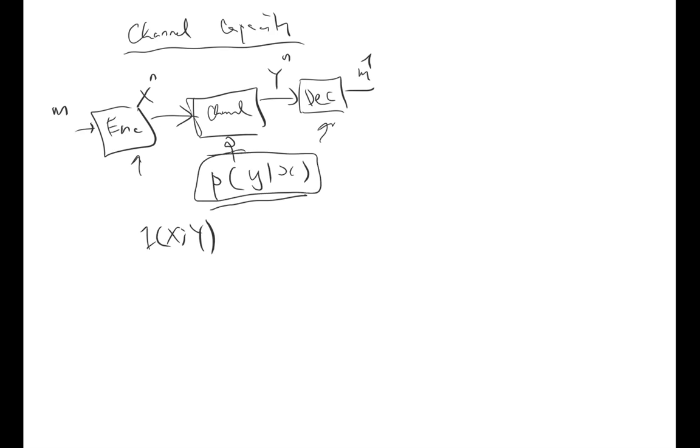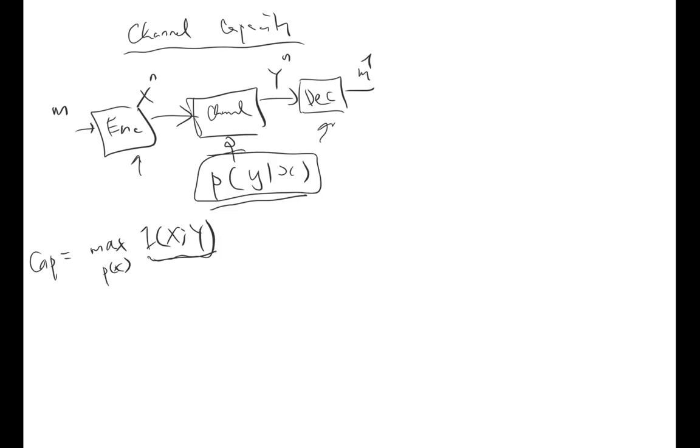The amount of information I can send through this channel is simply Ixy. And of course I can modify the distribution of X, so I want to maximize the mutual information by adjusting the distribution of the input. The capacity is simply equal to that.